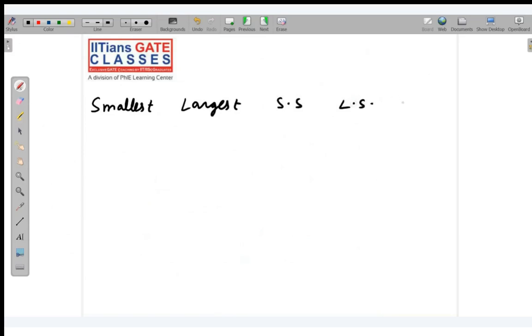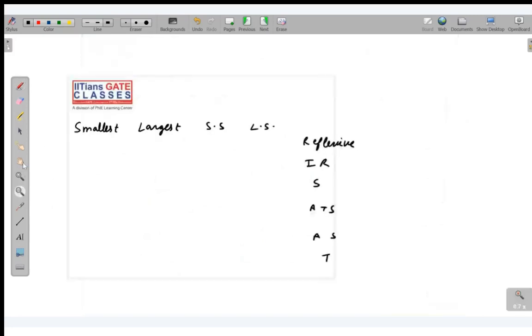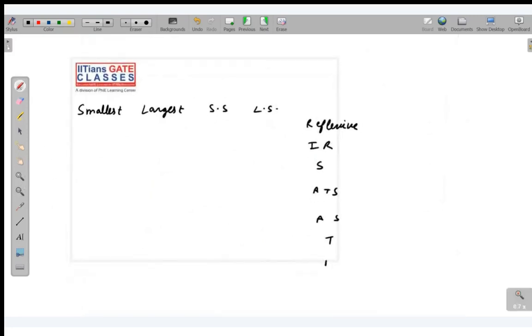And here we will say relations: reflexive, then irreflexive, then symmetric, antisymmetric, asymmetric, transitive, and then equivalence relation, and then partial order relation. It is a very thick line.